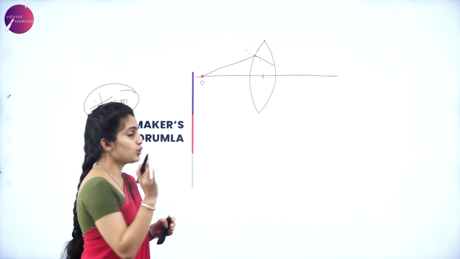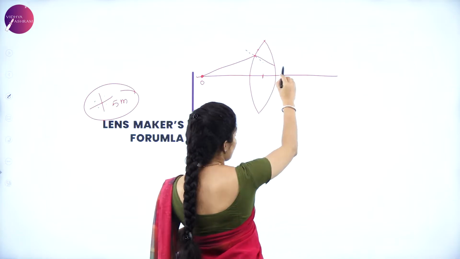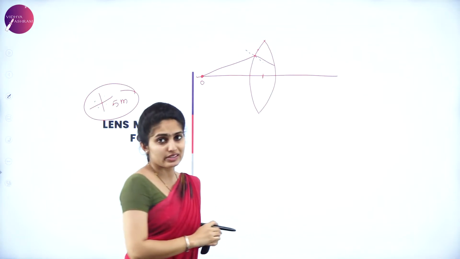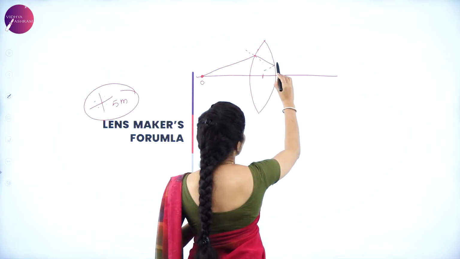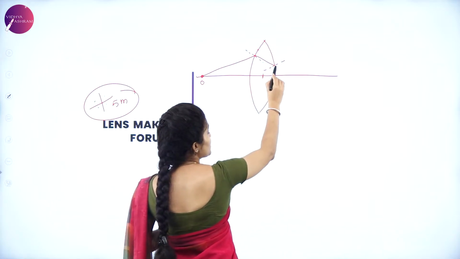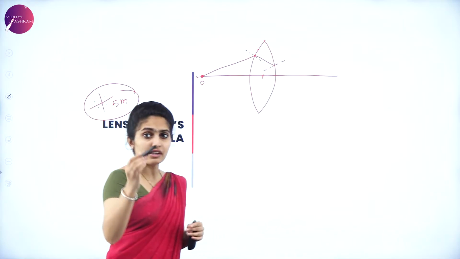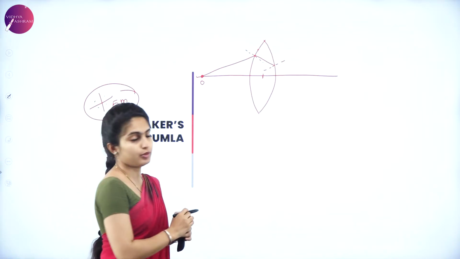Again, this is the ray which goes out of the lens towards the rarer medium. When that is the case, you will have to draw a normal once again, which makes an angle of incidence over here. So now when it travels from denser to rarer medium, the ray should move away from the normal.